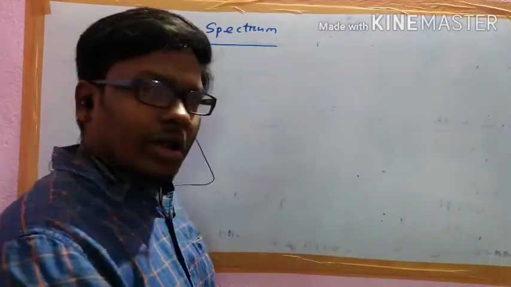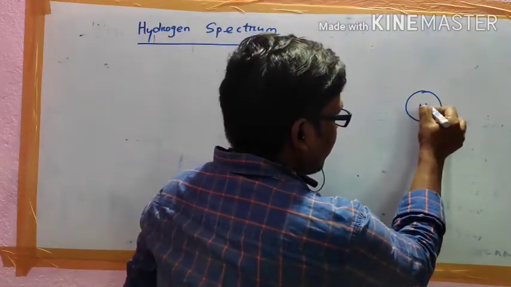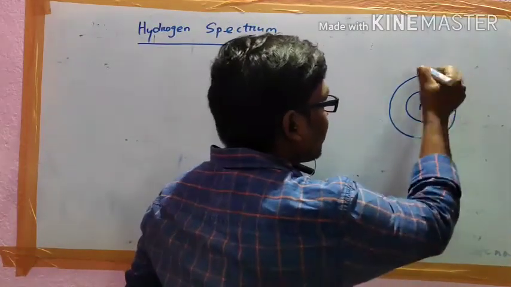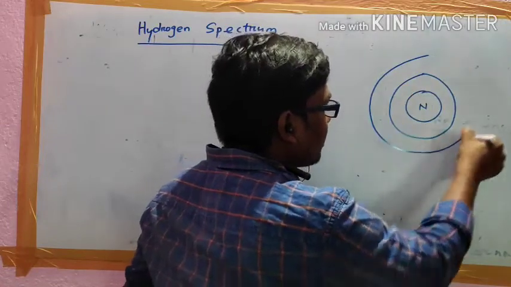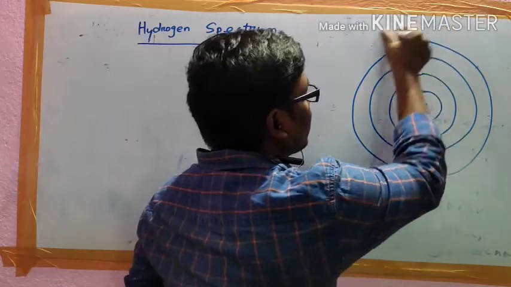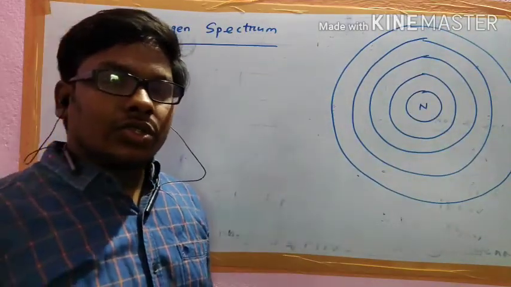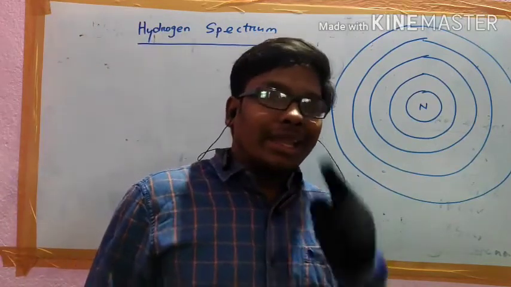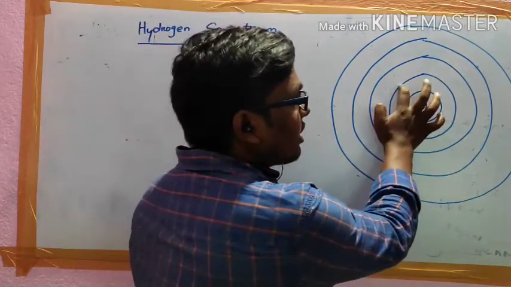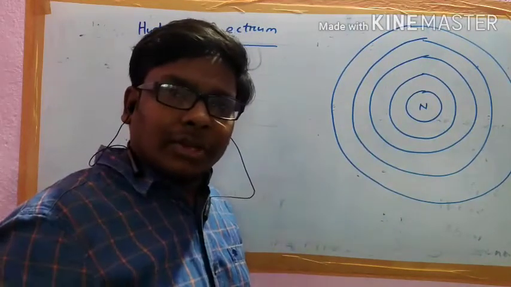So let's draw a structure of an atom. Suppose this is your nucleus. This is the first orbit, this is the second orbit, this is the third orbit, this is the fourth orbit. What we know is, when an electron absorbs energy, it jumps from the ground state orbit to a higher orbit known as the excited state orbit.